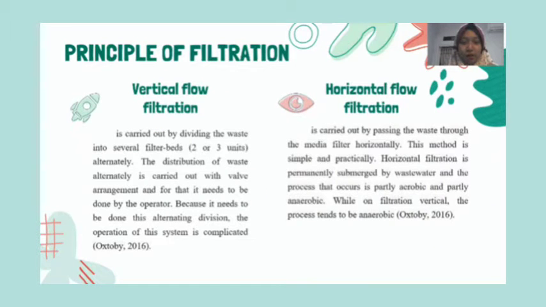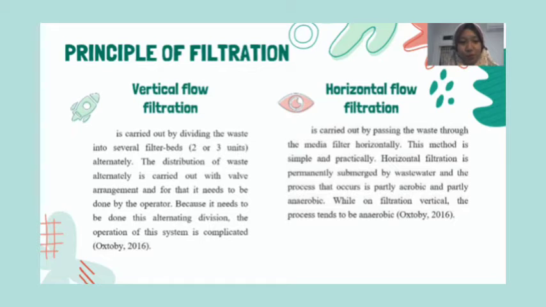Principle of filtration. There are two: vertical flow filtration and horizontal flow filtration. Vertical flow filtration is carried out by dividing the waste into several filter beds, 2 or 3 units, alternately.